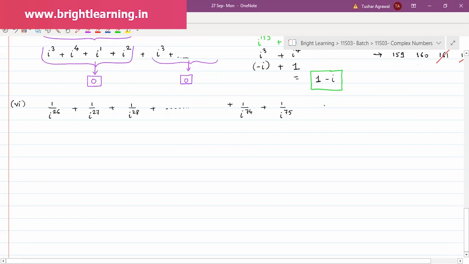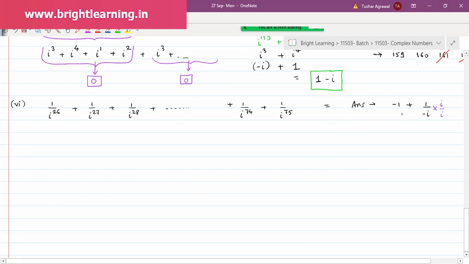The final answer of this question is minus 1 plus 1 upon negative i. This is the answer, but I will make it a little bit good looking. So how to make it good looking? This 1 upon negative i which is there, can I multiply it by, sir, i upon i? It won't make any difference.